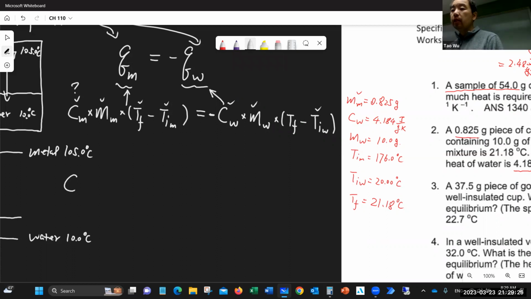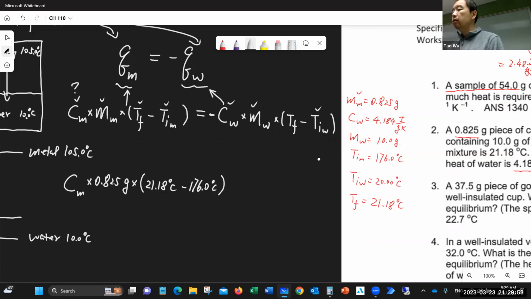So the specific heat of the metal times the mass of the metal, which is 0.825 gram, times the final temperature subtract the initial. The final temperature is here 21.18 Celsius. Subtract the initial. The initial is 176.0 Celsius.